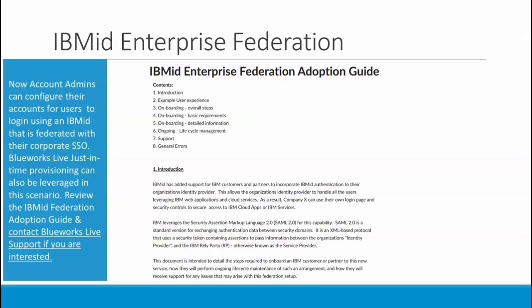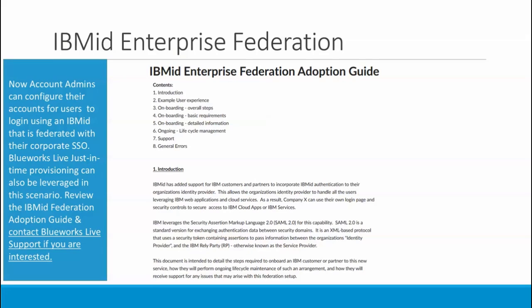And the other change you'll see is that we've added the ability for users to log in using an IBM ID that is federated with their corporate SSO. And Blueworks Live just-in-time provisioning is also available in this scenario. So if you're using IBM ID and are interested in federating with your corporate SSO, then take a look at the IBM ID Enterprise Federation Adoption Guide, which is linked from the Blueworks Live documentation.